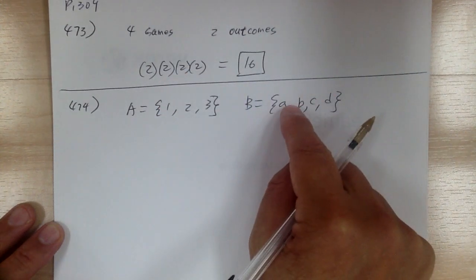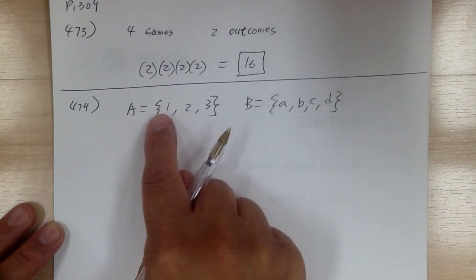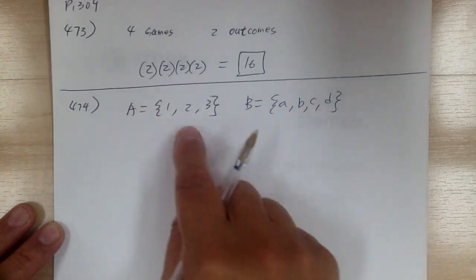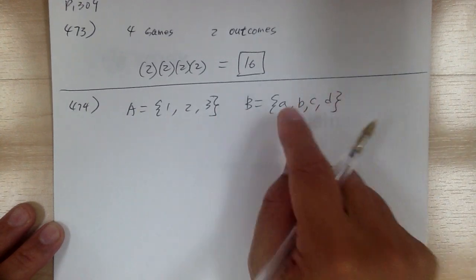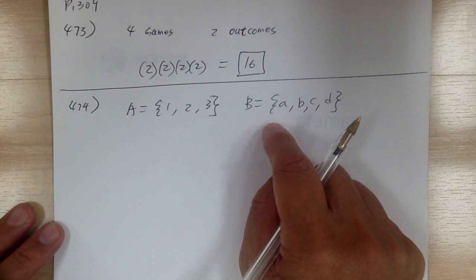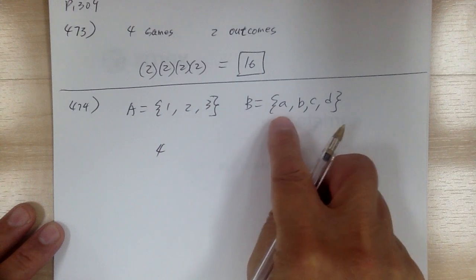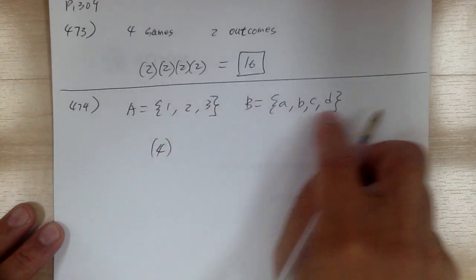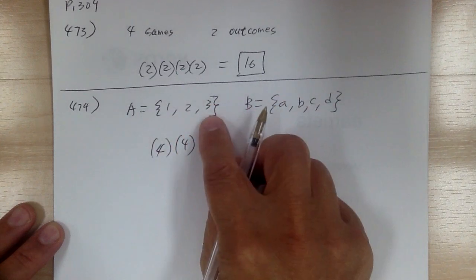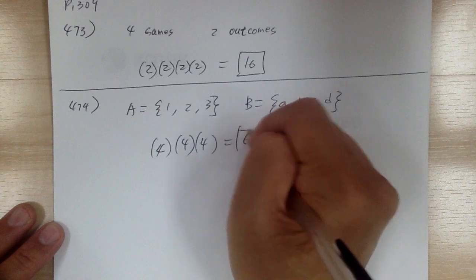So you can have 1A, 1B, 1C, 1D, 2A, 2B, 2C, 2D, 3A, 3B, 3C, 3D, and so forth. Number 1 has 4 choices because you can have A, B, C, D. The 2 can also have 4 choices, 3 can also have 4 choices, and therefore there are a total of 64 possible ways.